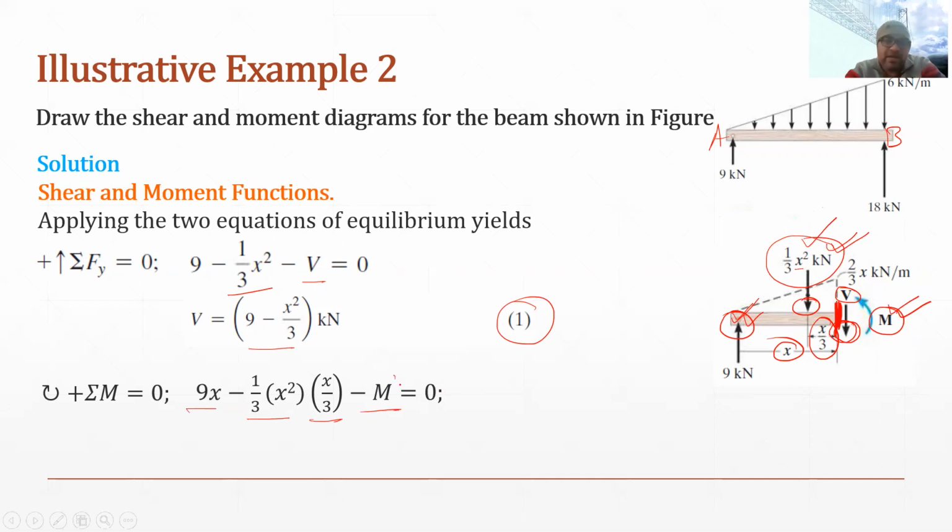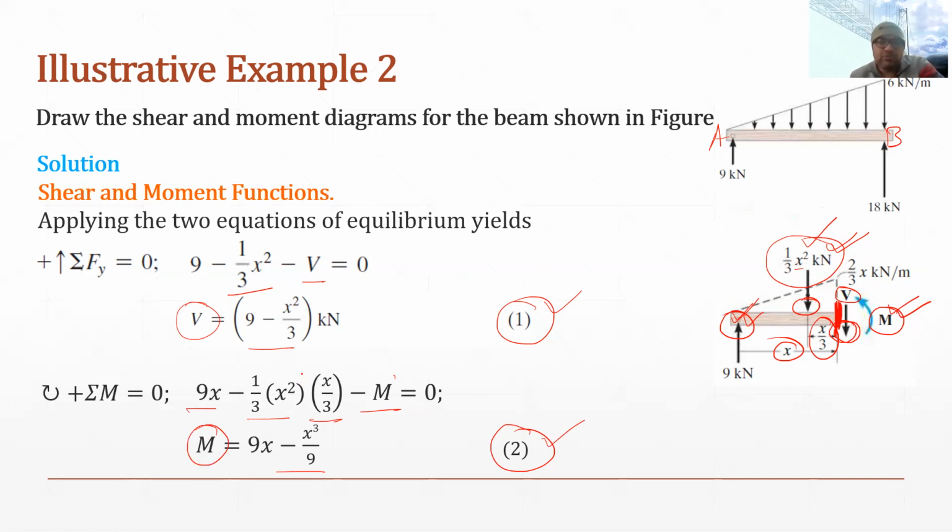So the value of m, further we simplified this as 9x minus x cube. So this is our equation 2. Here we have only one segment, so we are required to find out only these two equations. Equation 1 will signify the value of v, and equation 2 will signify the value of m.